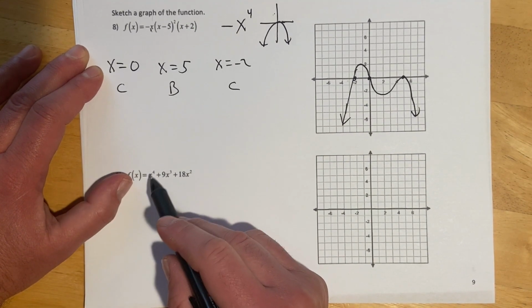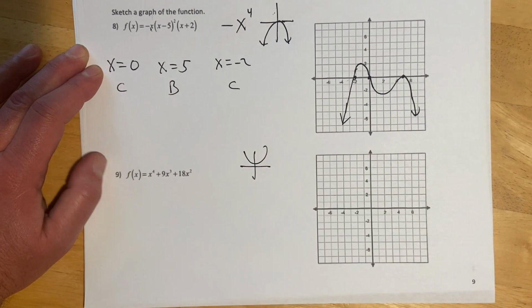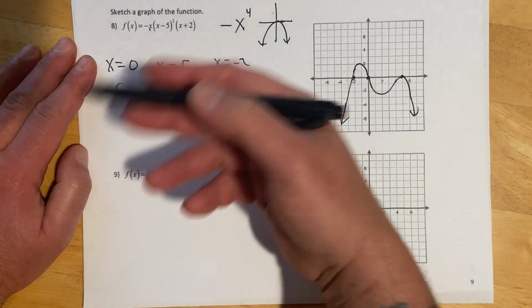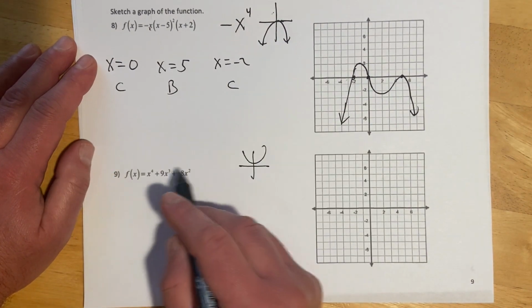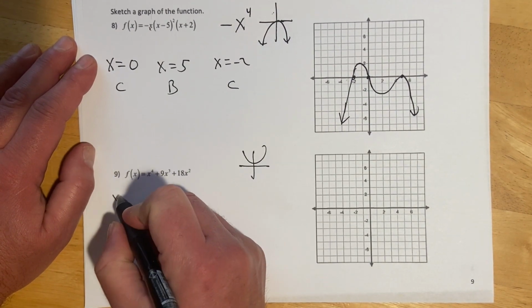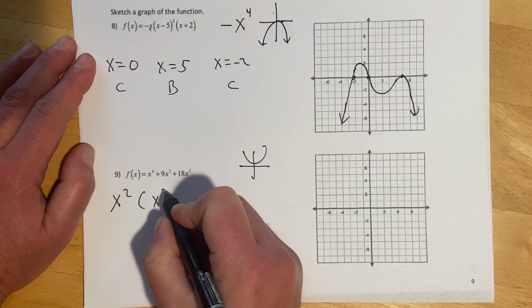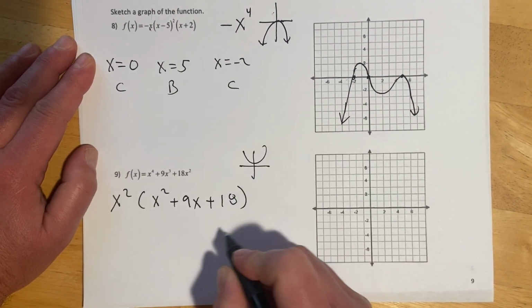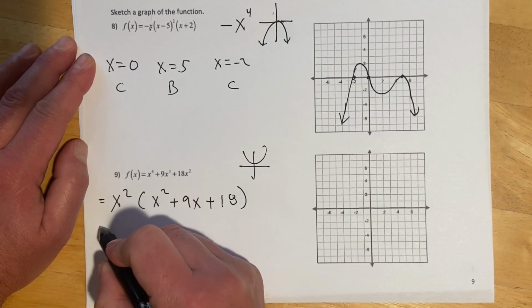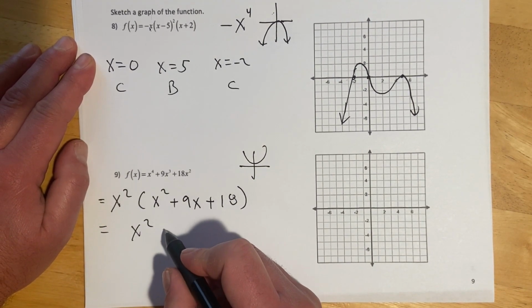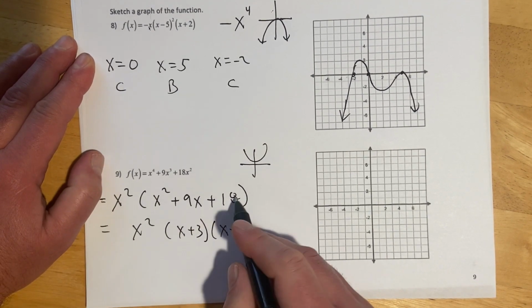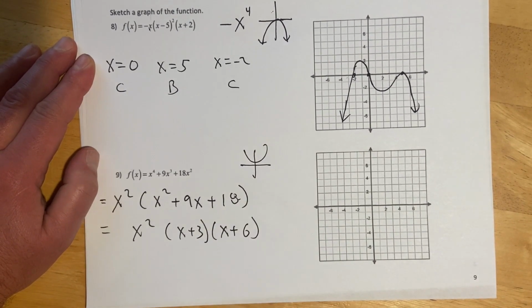This one, so it's x to the fourth, so it's going to look like this because it's positive even, but this time it's not factored, so I have to do the work to get the intercepts. So it looks like I can take a common x squared out of all those terms, and I end up with x squared times x squared plus 9x plus 18, and then that would be x squared, x plus 3, x plus 6, since 3 and 6 multiply to 18, add to 9.